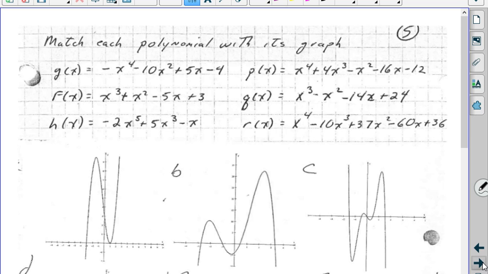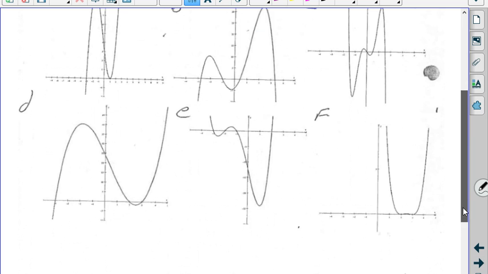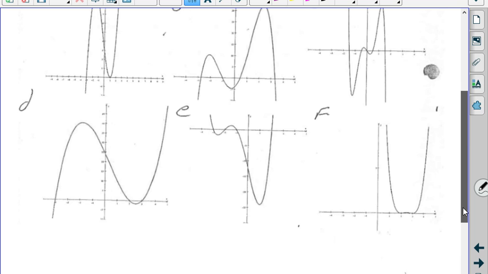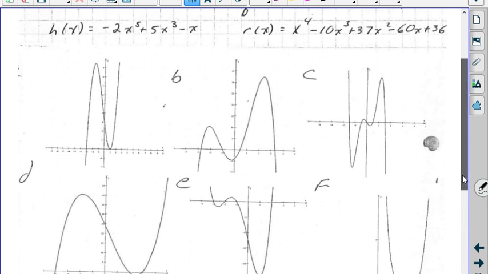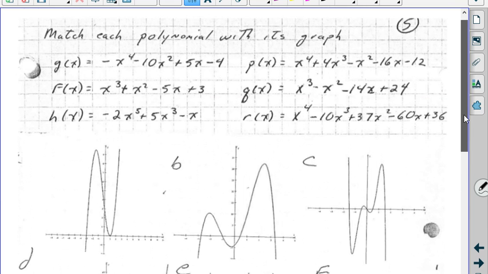Because it's very similar to a quadratic in that manner. So we are going to do some matching. I believe they're all upside right. Are your graphs the same as my graphs? Because I had these upside down at one point. Okay, so let's look at this.